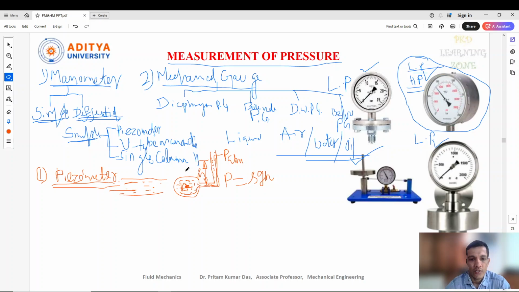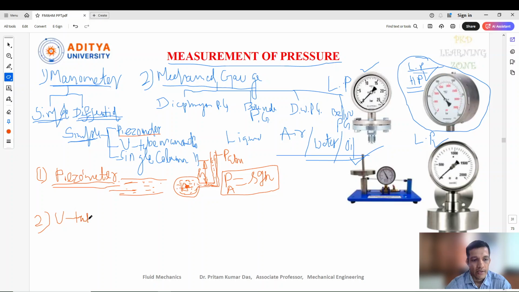That means how much the height increases in this tube after inserting it. So the pressure of the liquid flowing inside the pipe is P equal to rho g h, where rho is the density and h is the height risen in the tube. We can calculate the pressure at point A, which I have already marked here: pressure at A equal to rho g h. This is the piezometer.